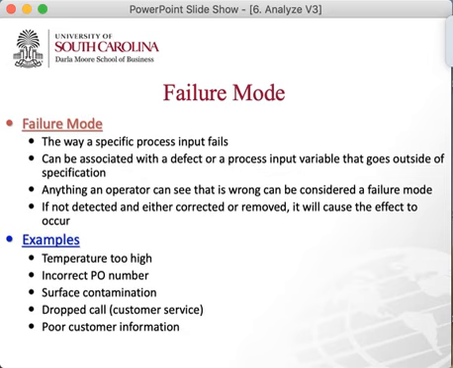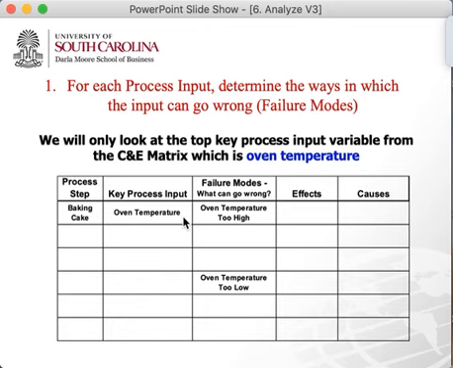Here are some examples: temperature was too high, incorrect PO, surface contamination, dropped call, poor customer information. These are things that can go wrong. We're going to call them failures. The ways specific inputs can fail are the failures, okay? So this is our process step, baking the cake. We're looking at oven temperature, and it can basically be too high or too low.